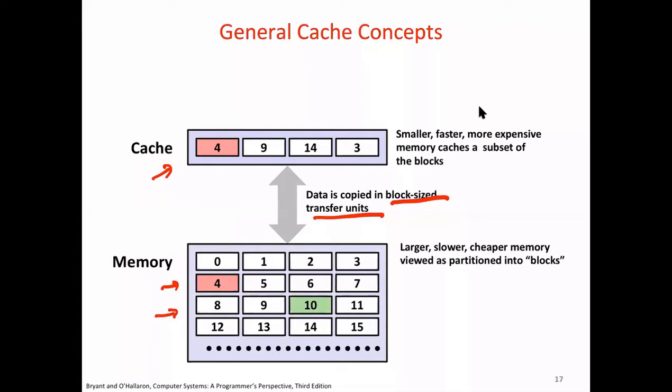Similarly, when the block containing data 10 is to be transferred, it can go to one of these 4 block locations. It can replace one of these blocks. So this block containing data 4 can replace one of them, and it has gone here.